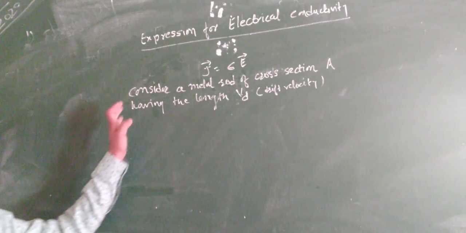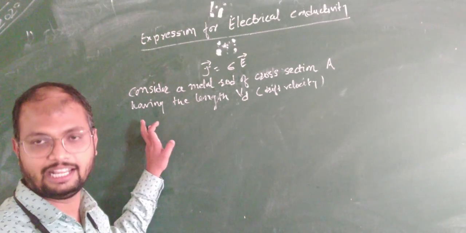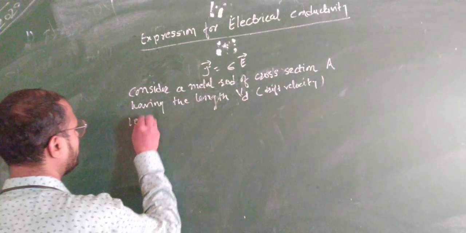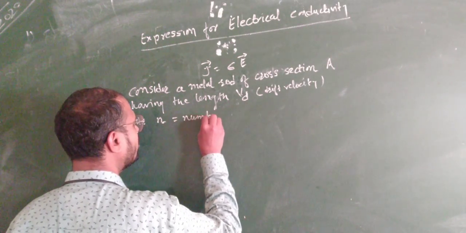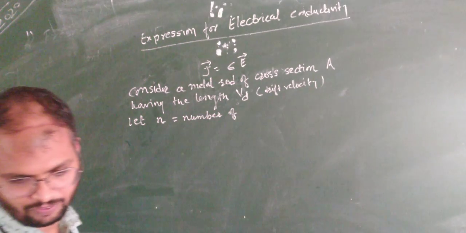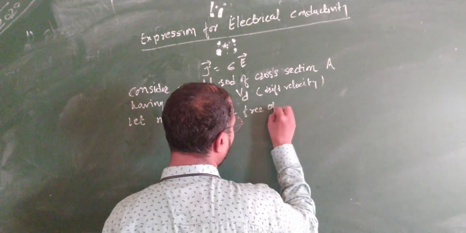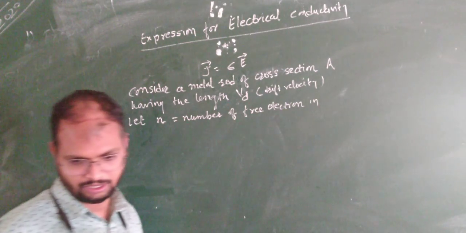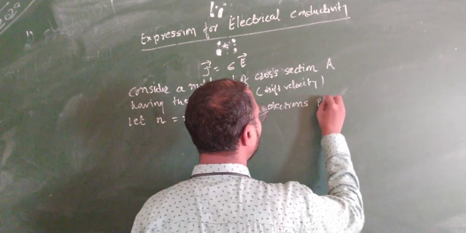Let small n be the number of free electrons per unit volume.